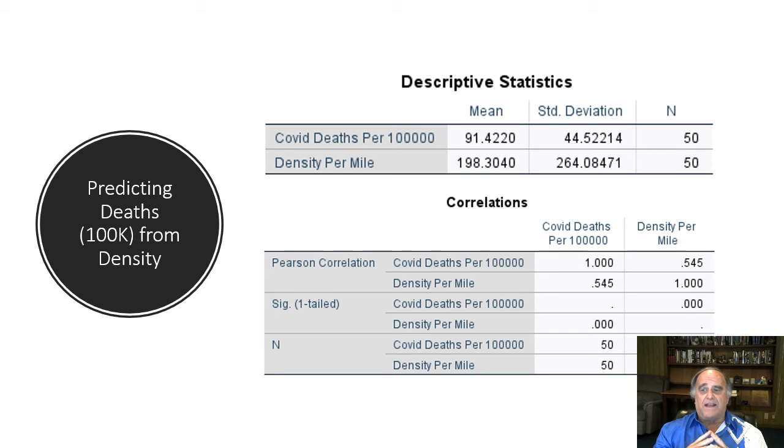And we look at the correlation between the two in this table right here. The correlation between COVID deaths per 100,000 and density per mile is 0.545. So that's our first piece of output, or first two pieces, really.